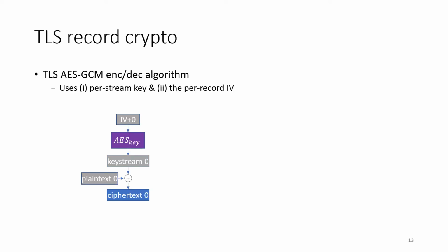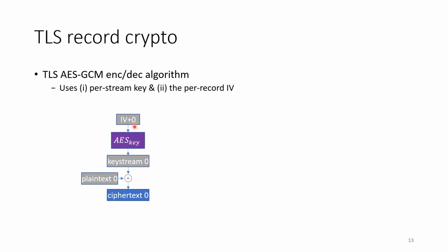Now that we understand the protocol, let's look at how encryption works. We will focus on the AES-GCM cipher, which is the most popular. In the AES-GCM cipher, TLS encrypts each record using the per-stream key and the per-record IV as follows. First, we take the record's IV and we concatenate it with a counter.